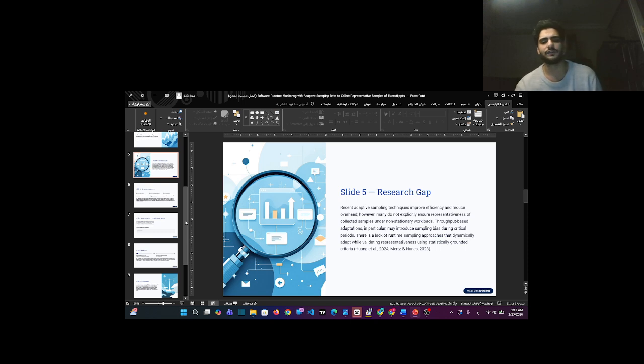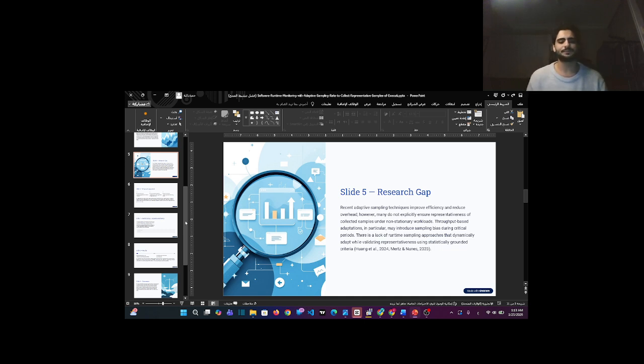Okay, so slide 5 talks about the research gap. Although recent adaptive sampling techniques have improved efficiency, many of them focus primarily on cost reduction. They do not explicitly ensure that the collected samples remain representative of the underlying execution behavior.